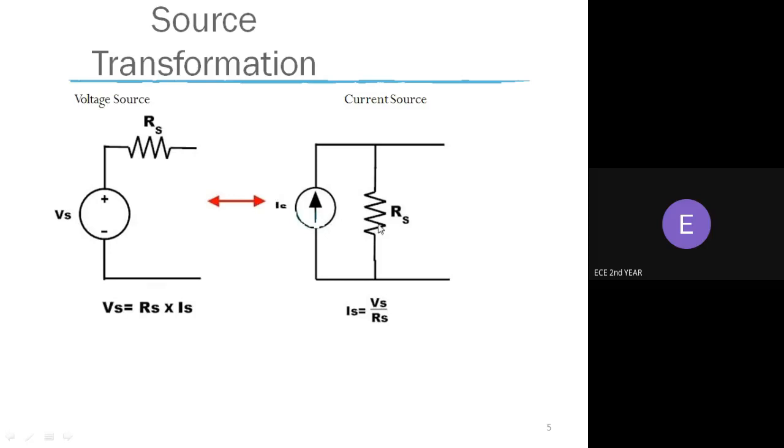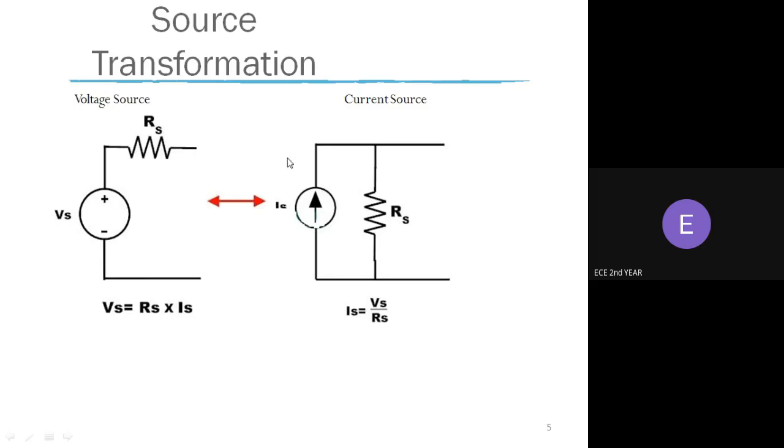The parallel resistance will be connected as a series resistance, and Vs will be calculated by the formula Rs into Is, where Rs is the resistance connected in parallel and Is is the value of the current source.